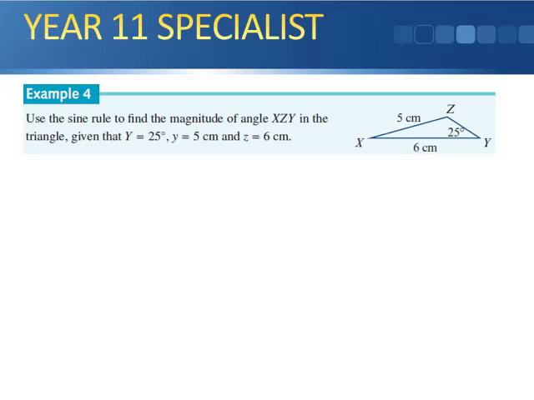Example 4, use the sine rule to find the magnitude of angle XZY. So this time we're finding the angle, and XZY is that angle there.